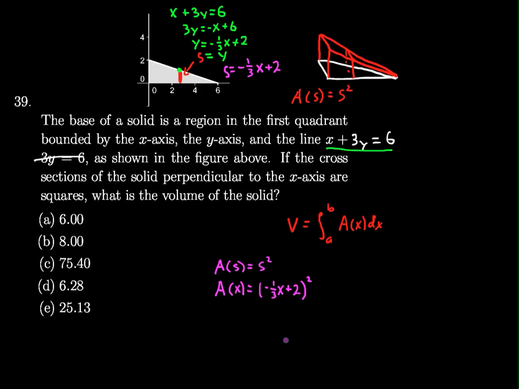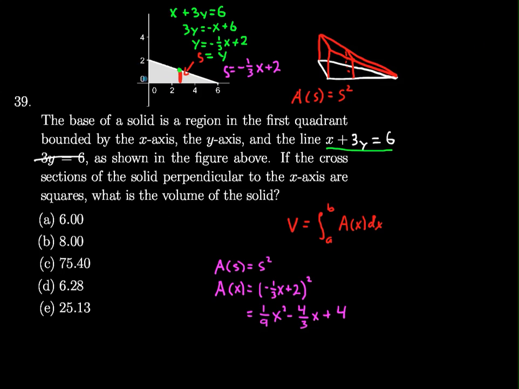And I may as well just work that out. That's going to be positive 1/9 x squared, and then 2 times both of those, minus 4/3 x, plus 4. That's not really necessary. I could have put this into the formula, and I'm actually going to use the calculator to evaluate, but it looks cleaner.